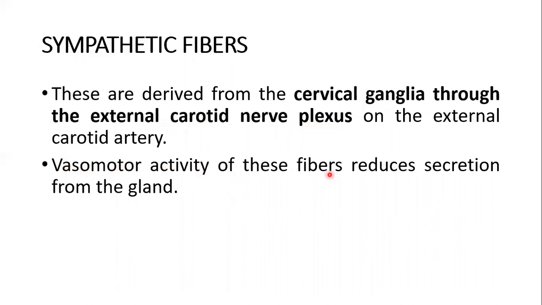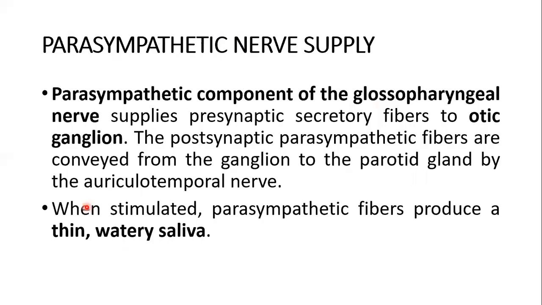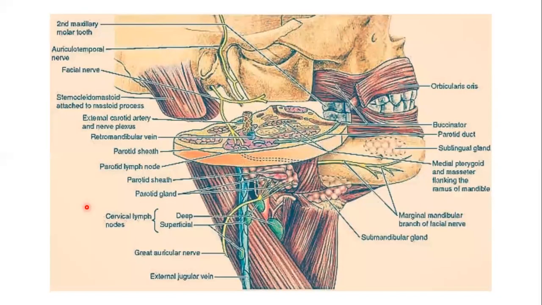Vasomotor activity of these fibers reduces secretion from the gland. So the sensory nerve supply I told you already, and you see the nerve plexus here. This is the external carotid artery, and here is shown the sympathetic nerve plexus around this external carotid artery.